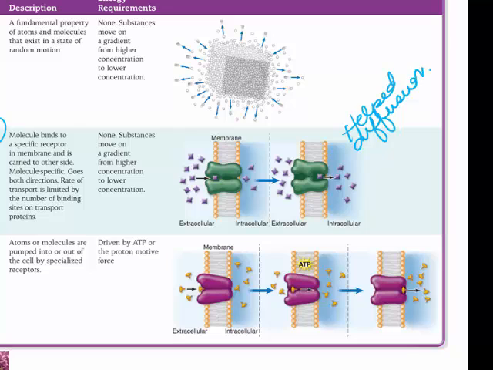It's still diffusion. The difference is here we're going to use a helper molecule, probably a protein, a transport protein that's going to help move molecules from high to low because we're still working on that Mother Nature likes things at equilibrium. This time, we just don't need to expend any energy, but we do need a helper molecule.